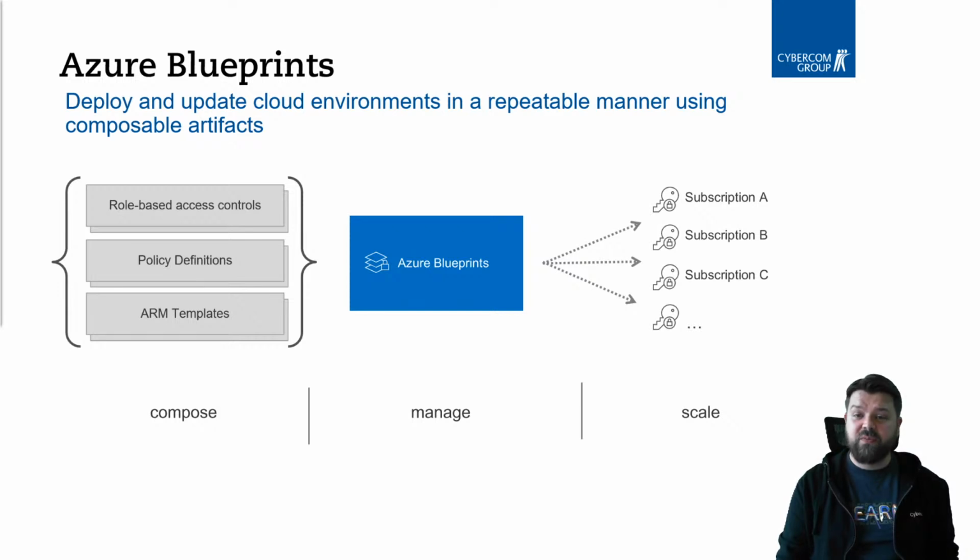So you can set up, let's say, networking, storage for monitoring, whatever, anything that you can do with ARM templates. If you put those in blueprints, they'll be set up in the subscription that the blueprint is applied to through the management group.